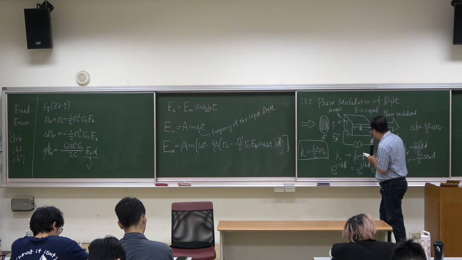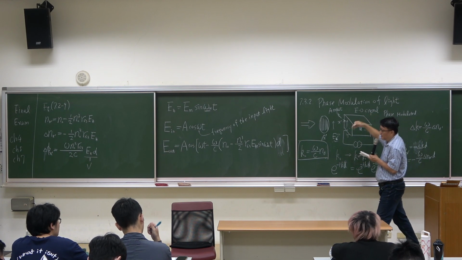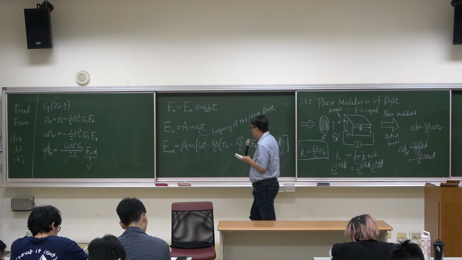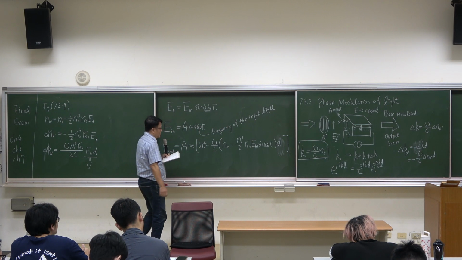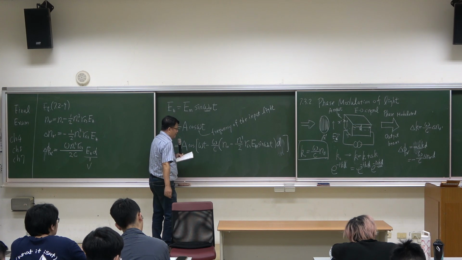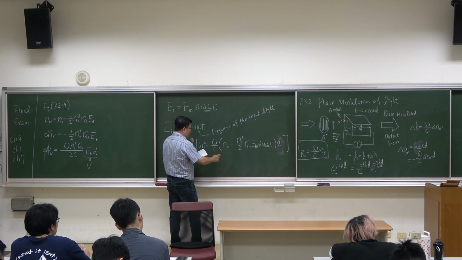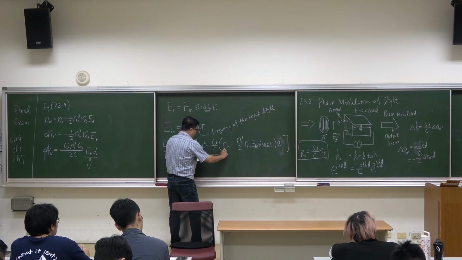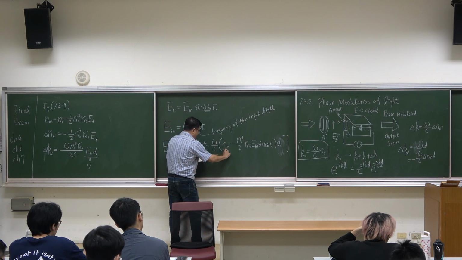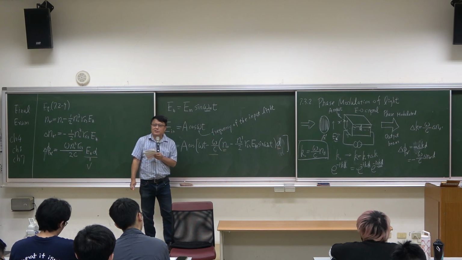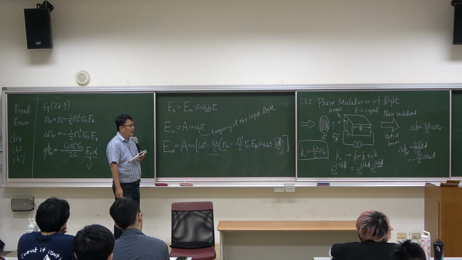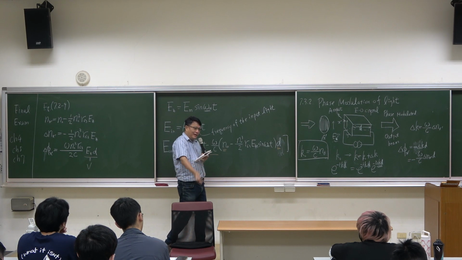This value at this surface. You observe that this part, this minus omega over C times NO times D, is a constant value independent of time.